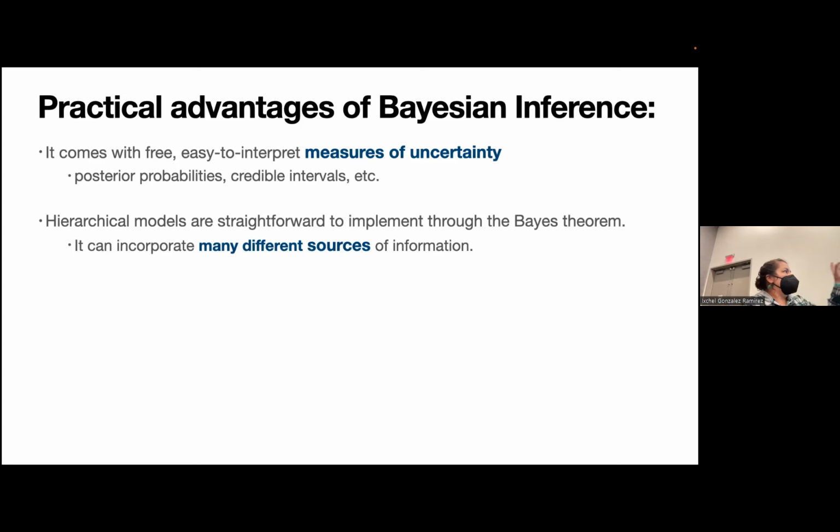So the advantage of hierarchical models is that we can use different sources of information, which is relevant for molecular data and morphology, right? And similarly, we can include more complex models because we need to model each of these data with different models.